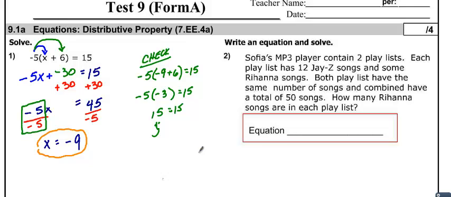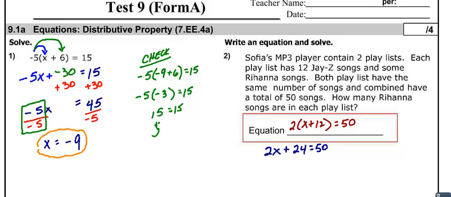So we need an equation first, and that equation is 2 playlists, each of which has some Rihanna songs and 12 Jay-Z songs, give us a total of 50 songs. When we solve our equation, we're going to distribute 2 times x is 2x plus 2 times 12 is 24.